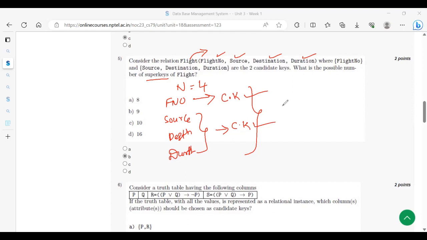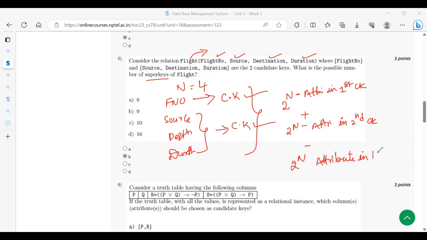So you need to write this formula: 2 power n minus attributes in first candidate key, plus 2 power n minus attributes in second candidate key, minus, so remember minus, since you may have both keys, 2 power n minus attributes in first and second.